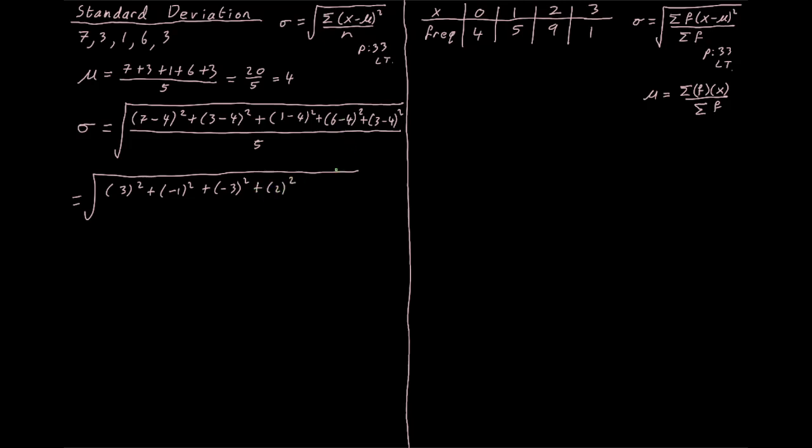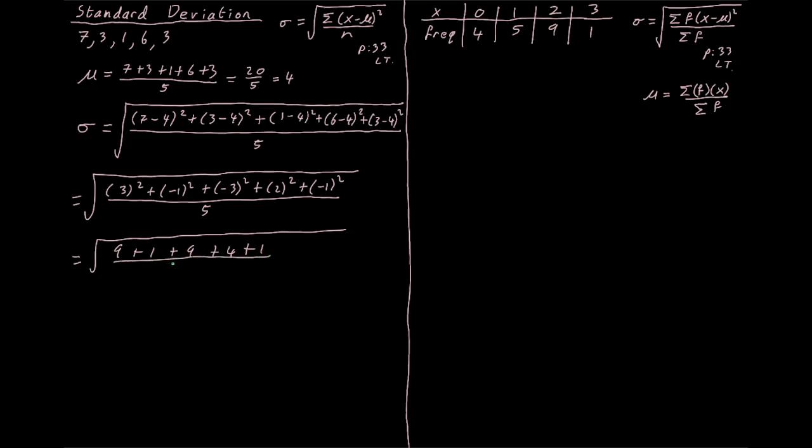All we're doing is doing these sums in the brackets, plus minus 1 to be squared, divided by our number of numbers. And we get 9 plus 1 plus 9 plus 4 plus 1 all over 5. So we end up with 24 all over 5, or the square root of 24 all over 5.